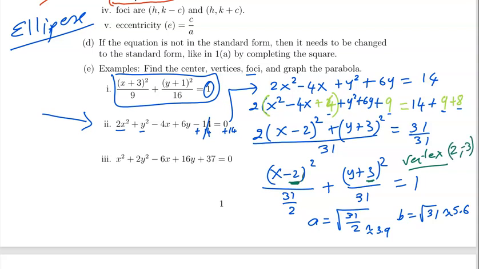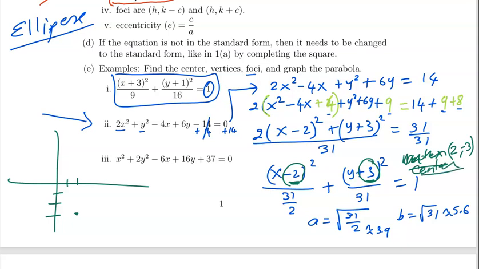So 2 to the right and 3 down. So you go 1, 2, then 1, 2, 3, and that is my center. Sorry, not the vertex, this is my center. Okay, what's my vertex?